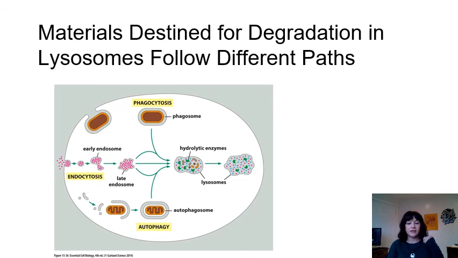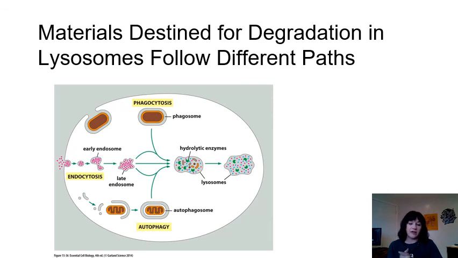The third method is autophagy. Autophagy, auto, self, right? So in this case, maybe you have something in the cell that you don't need anymore. For example, maybe a mitochondria is old or not working and the cell needs to get rid of it. What the cell will do is it will form an autophagosome. So a phospholipid bilayer will form around that organelle to be destroyed.